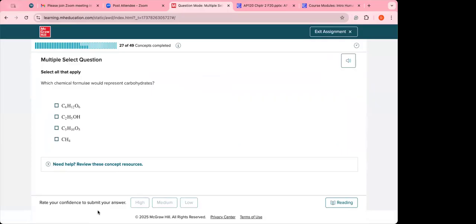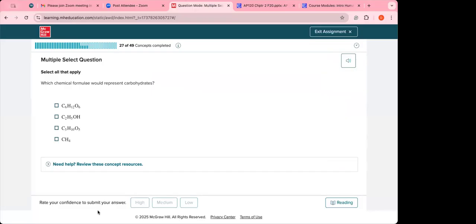Which chemical formula would represent carbohydrates? Well, if you have twice as many hydrogens as carbons, then it's a carbohydrate, most likely.